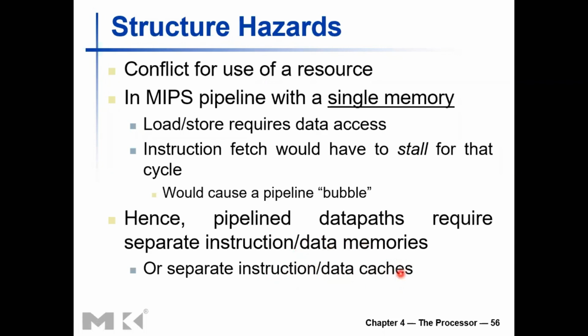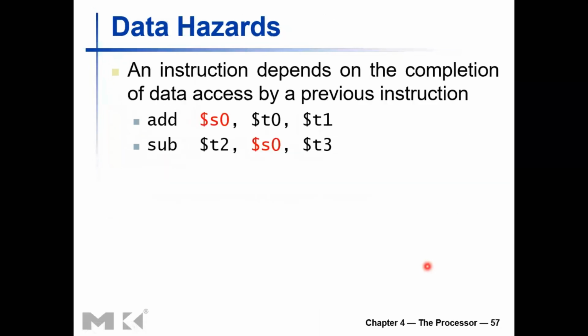We'll talk about that in more detail later, but one possible solution is to insert a separate instruction cache and a separate data cache in between your CPU and the memory. So we'll have a look at that closely later. Right, so that is an example of a structure hazard.